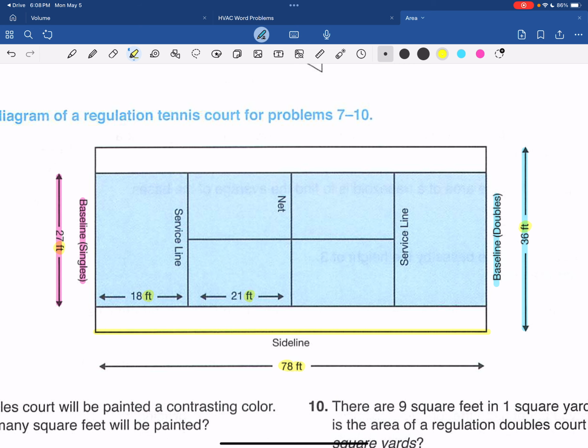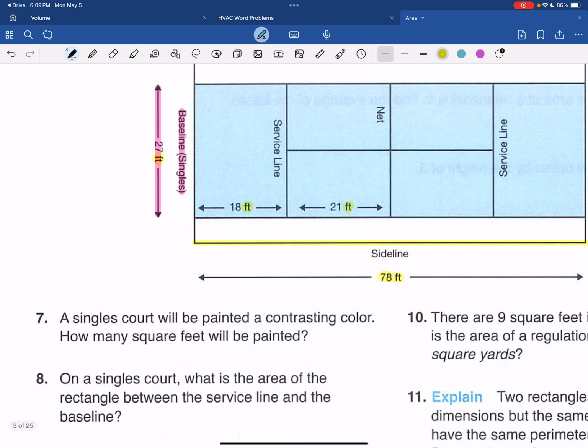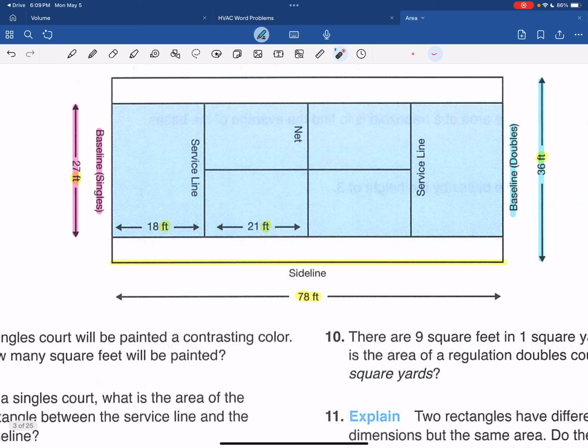So let's take a look at the first question. A singles court, so we're looking at this dimension, will be painted a contrasting color. How many square feet will be painted? So the singles court is going to be this blue one.